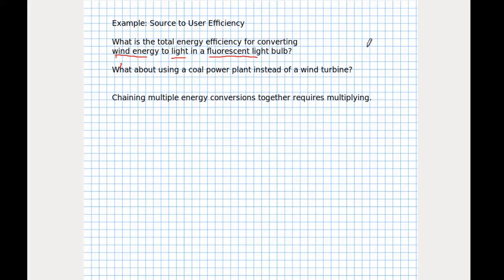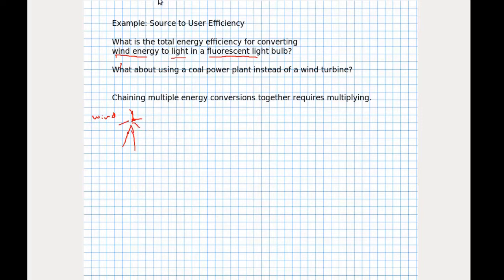So let's think about what's going on there. We've got a wind generator, and here's my awful physicist's wind power plant. So you get wind that causes the rotor of the turbine to spin, and that generates electricity.